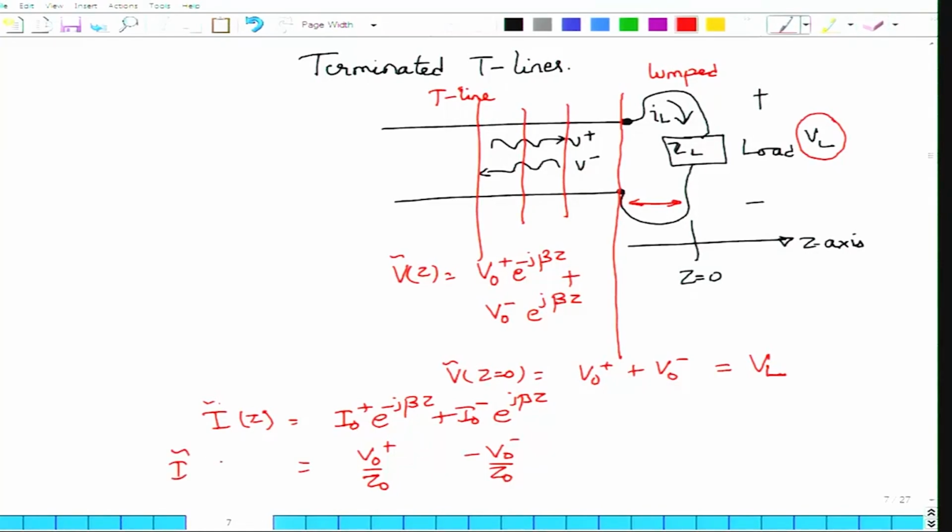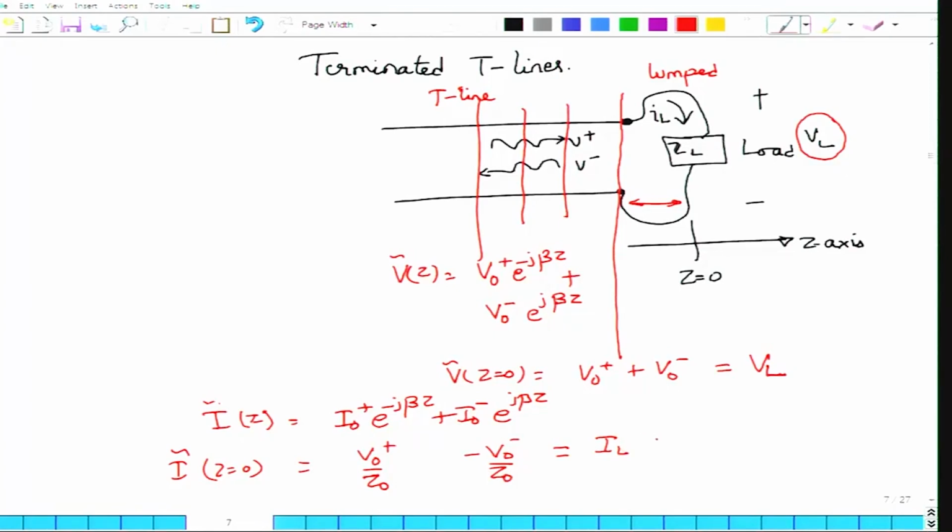So, the current phasor at z equal to 0, which gives the total current on the transmission line as the current approaches the load, will be V0 plus by Z0 minus V0 minus by Z0, which will be equal to the load current IL.